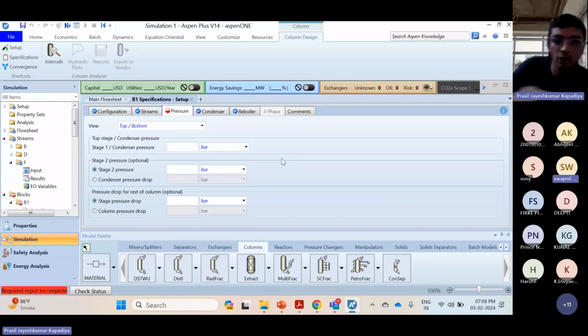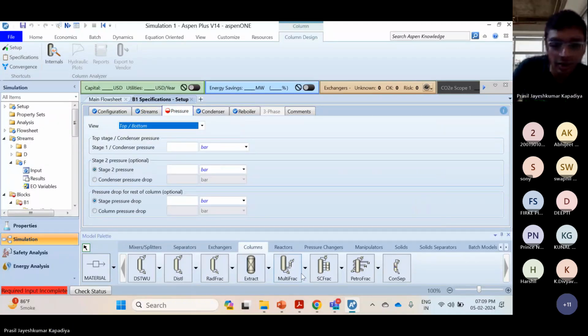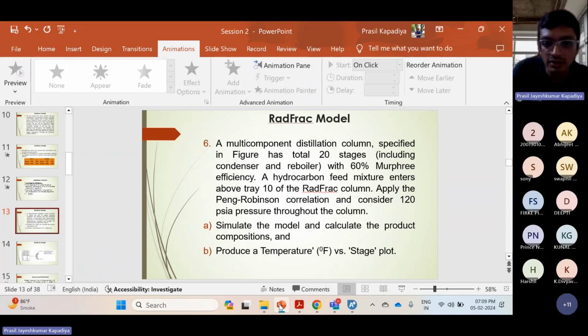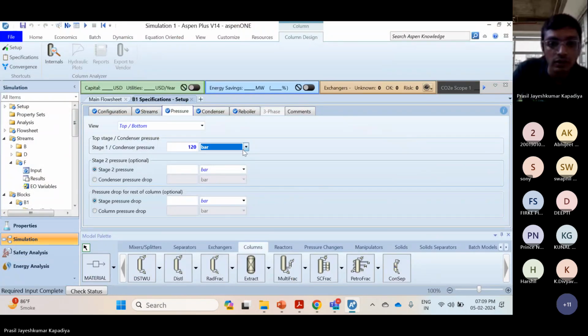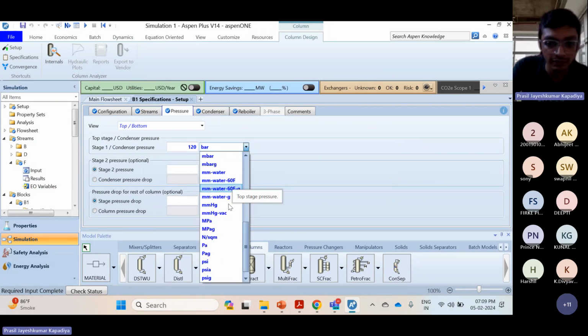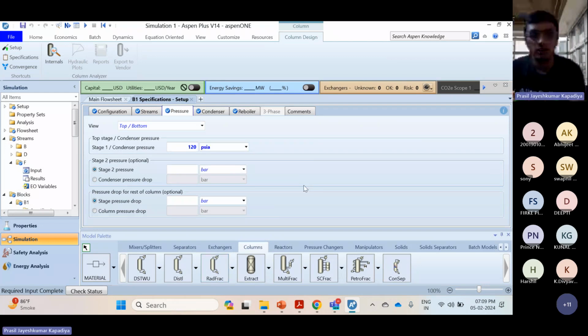Below means below and on the tray means on the tray number 10. This is above tray, above 10. Condenser pressure is given as 120 psi throughout the column. You need to change the unit to psi. Okay. So we are not given any pressure drop or something. So it means that there is no pressure drop in the column.